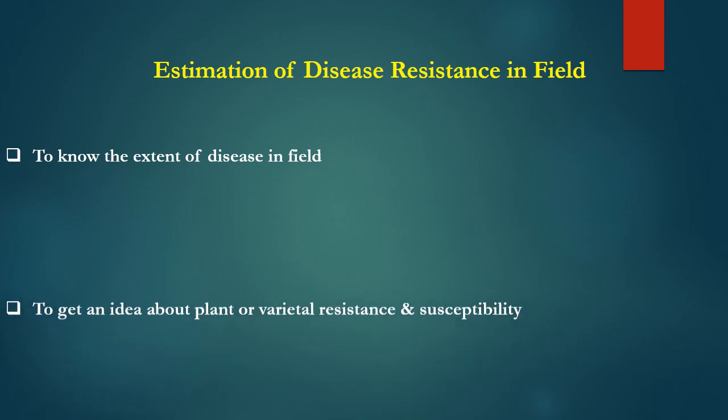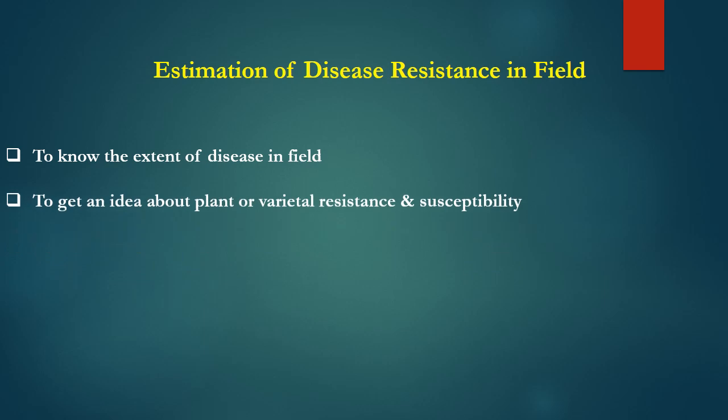It also gives us an idea of how susceptible or resistant the plant or variety present in the field is against a particular pathogen. And finally, on the basis of this data, we can recommend or develop management strategies.